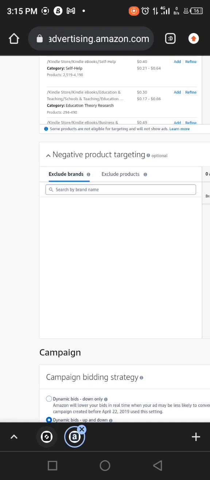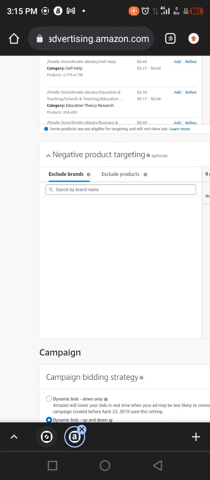Because if these people come up to that page and Amazon recommends your books to them, they could love the cover of your book, or they could love your topics or your keywords, whatever, and click on it. Don't forget that for each click, you are paying Amazon. Okay, so you just wasted a certain amount of money, depending on your default bid, because you just wanted to reach out to so many people.